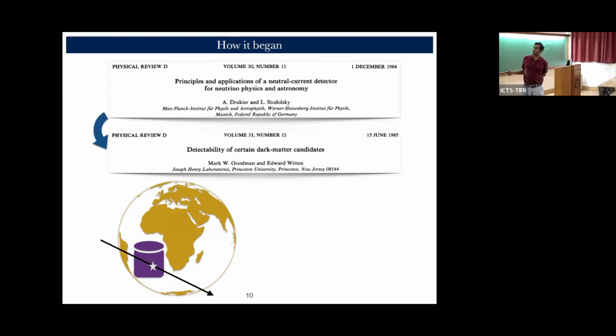It was a proposal for measuring that process by Drucker and Stodolsky that inspired Mark Goodman and, funnily, Ed Witten to propose a similar kind of experiment for dark matter detection as well, using coherent nuclear scattering. It doesn't have to be coherent, using nuclear scattering at least. Okay, so that is the grand beginning of the direct detection program of dark matter.